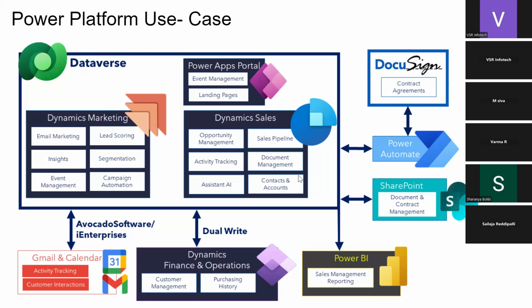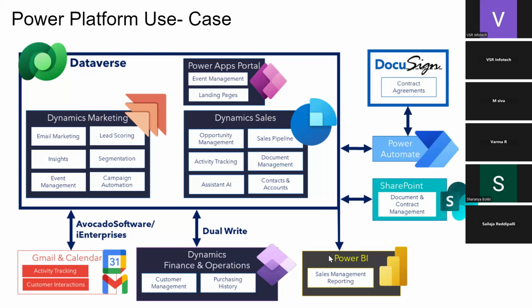Now, to store data, all these things are your front-end applications, right? From here you will generate your data, which in turn goes into Dataverse, which can be used and stored in SQL, SharePoint, and other data sources, right?